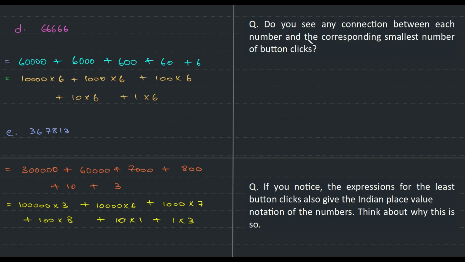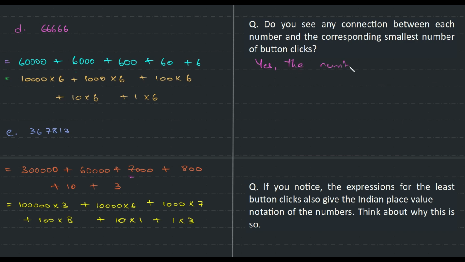Now finally, did you see any connection between each number and the corresponding smallest number of button clicks? Did we see that? Yes. How did it connect? For example, 367813. 7 clicks led to 7,000, clicking 1,000.